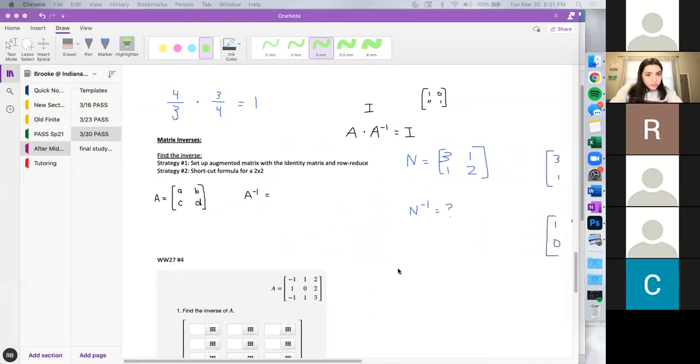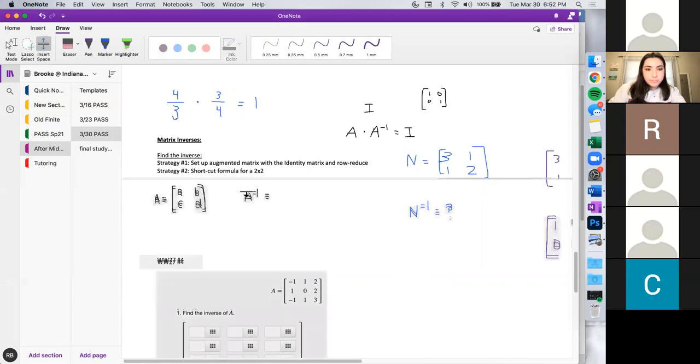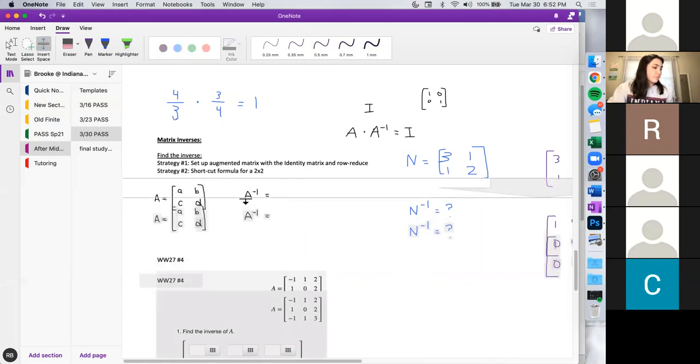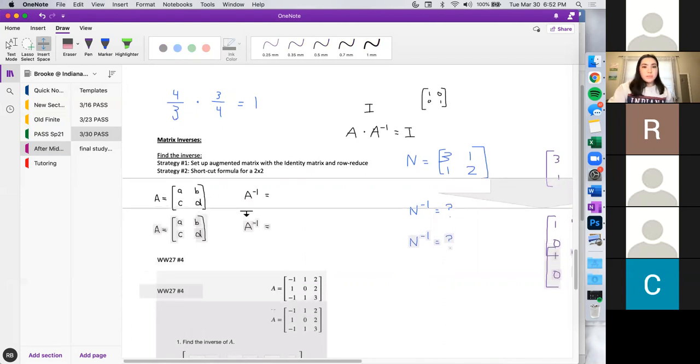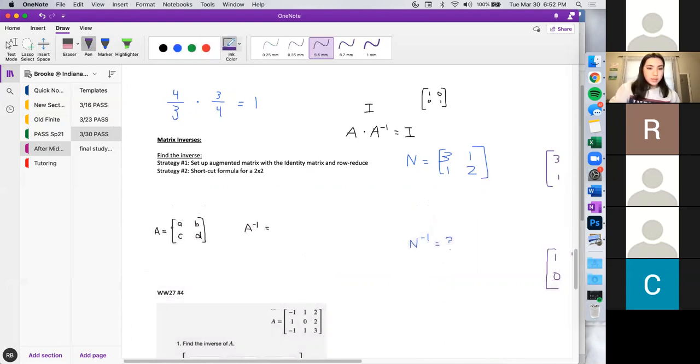Strategy 2, if you have a 2x2 matrix, you have a shortcut formula. And I did not write that down, so let me write that down. Okay, so I'm going to keep using A, B, C, D. That's pretty standard.